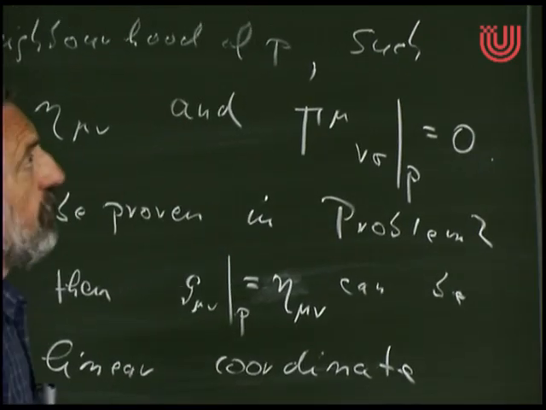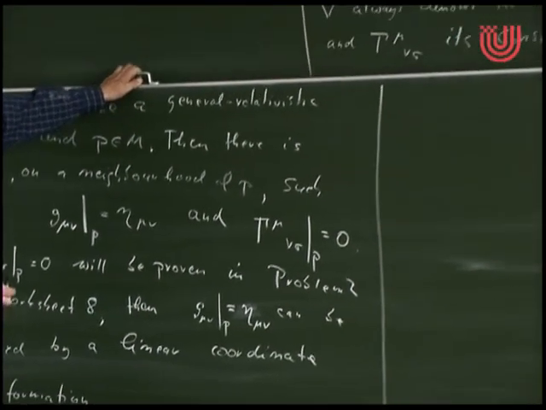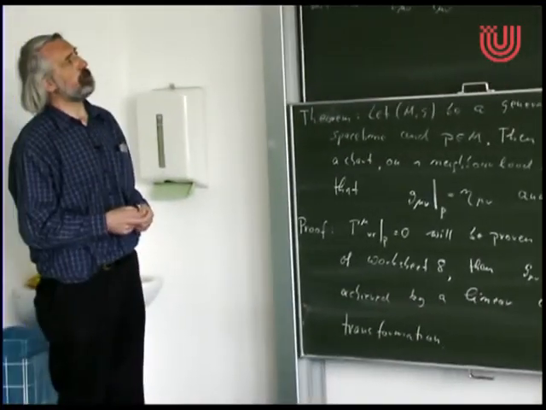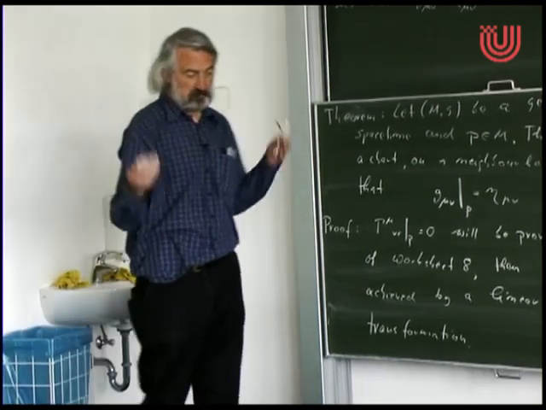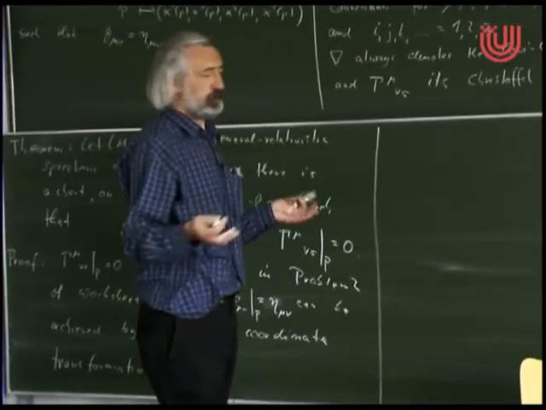Okay, so in order to fill this postulate, is it still on the board? No, I think I've just erased it. This postulate that a pseudo-Riemannian manifold is a general relativistic spacetime. Of course, we need to know how to associate geometric objects on such a manifold with physics.